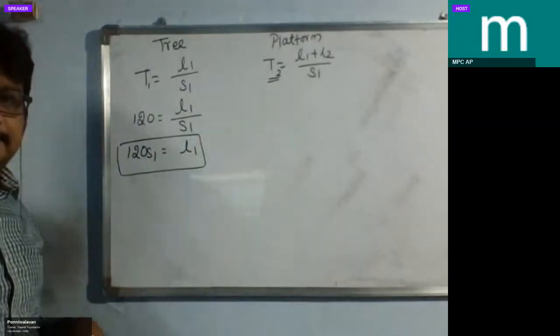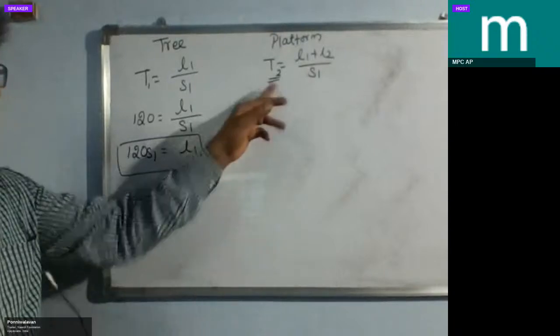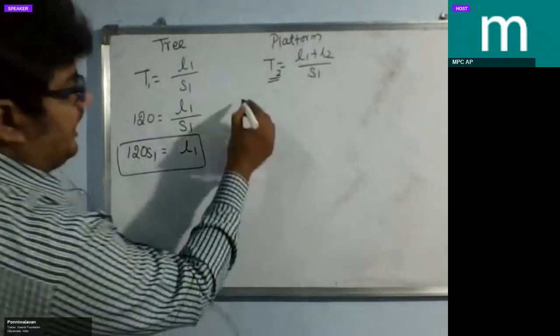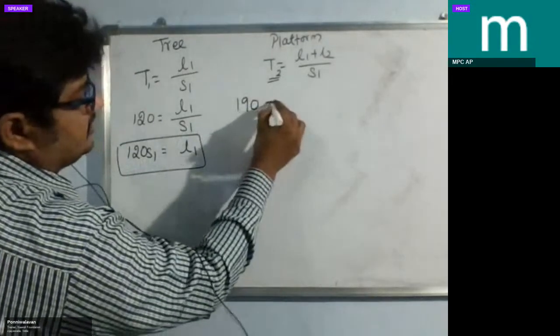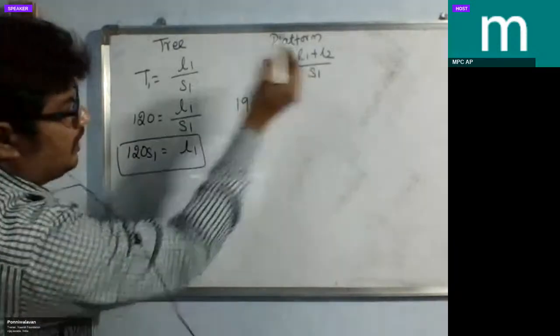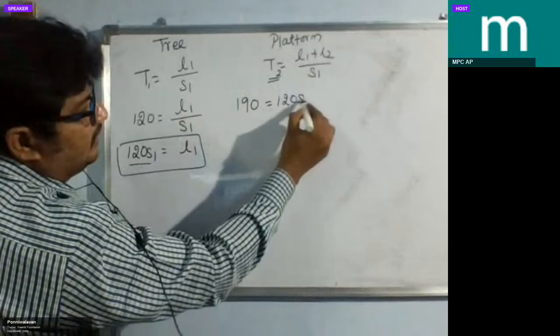Okay. What is this time? Time taken to cross a platform, 190 seconds. What is L1 we got? It is 120 S1.